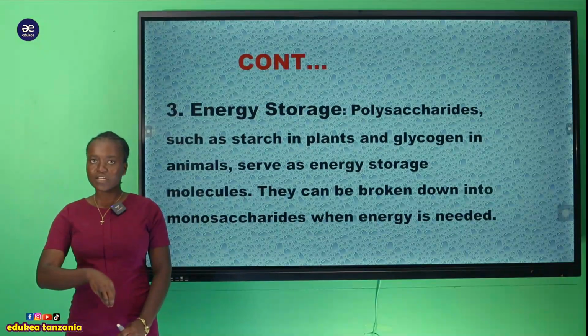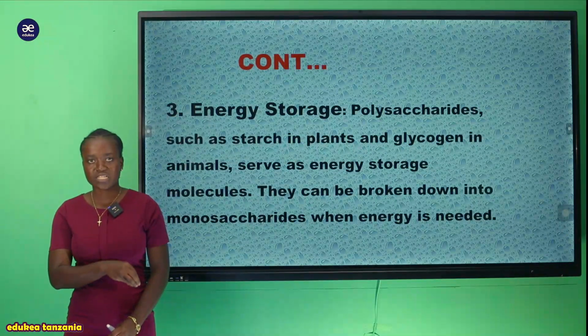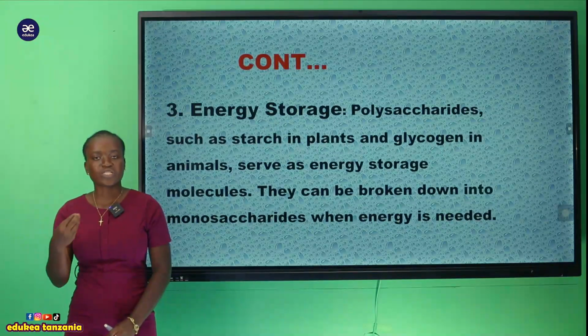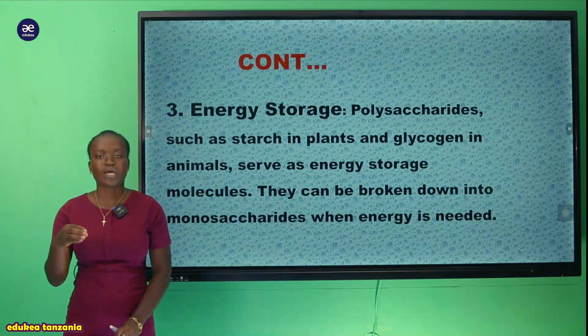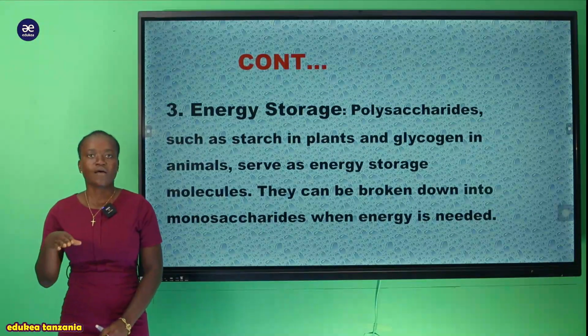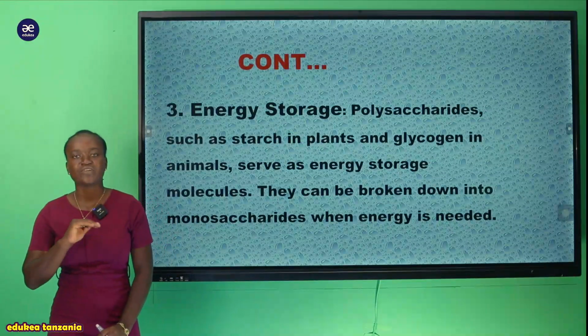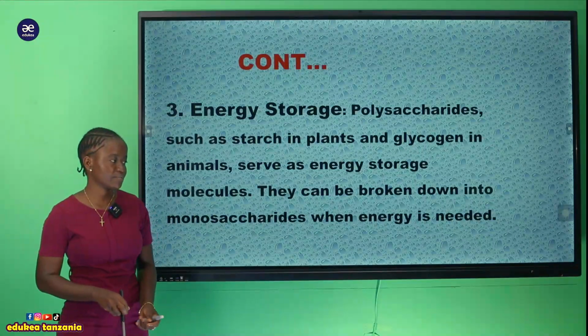So the stored food, either starch within a plant or glycogen within an animal, is broken down into its monomers, or monosaccharides, so that it can release energy in a living organism.